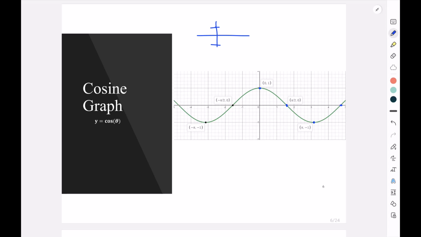We're going to start up at 1, go back down to our center, back down to our lower amplitude, and we're going to constantly have this graph that we can create. And so when we're doing these problems and we're using cosine or sine or most of the other trig functions, we can follow that pattern to create this graph.